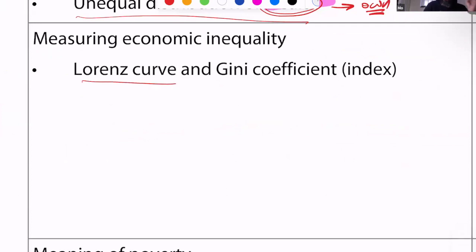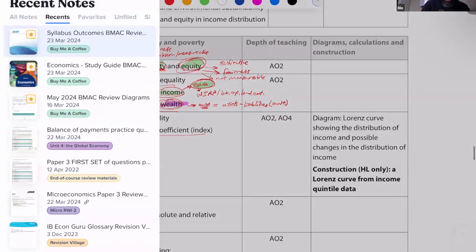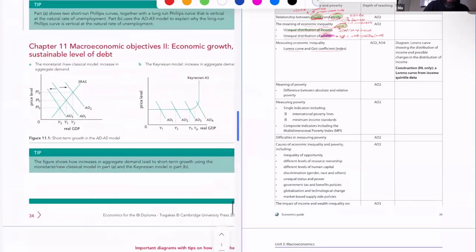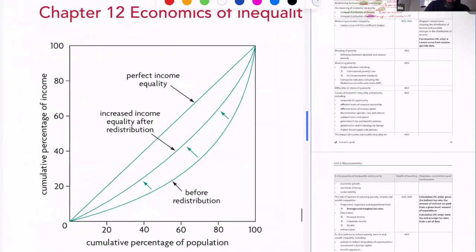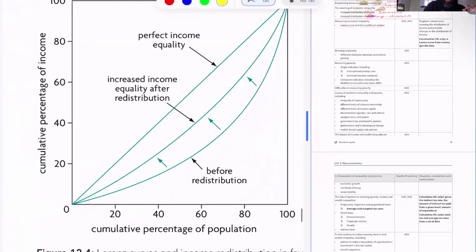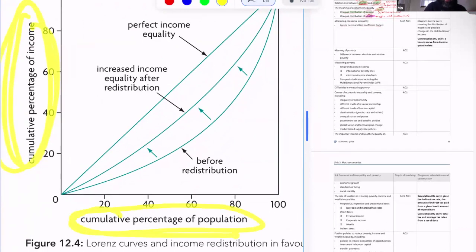We use the Lorenz curve and the Gini coefficient. All right, my lovelies. Let me go back to diagrams. The Lorenz curve. Basically, you have cumulative percentage of income on the y-axis and cumulative percentage of population on the x-axis.